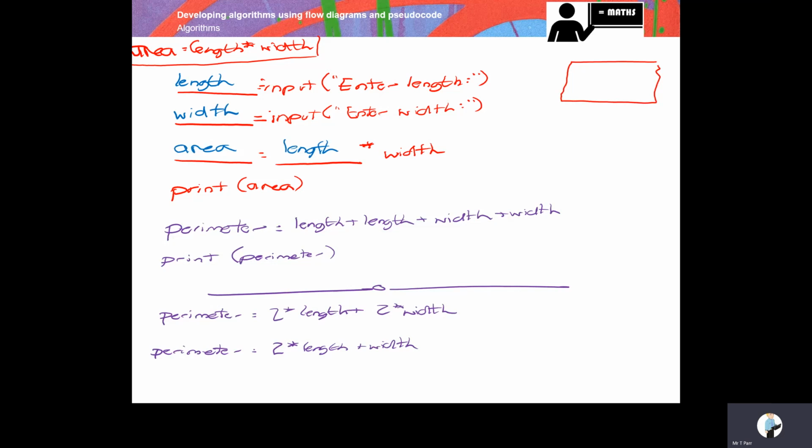What's wrong with that? The problem is BIDMAS: brackets, indices, division, multiplication, addition, subtraction. It does it in that order of priority. So it would multiply the length by 2 and then just add on 1 width. What you would have to do is put some brackets in like that. So there you go.